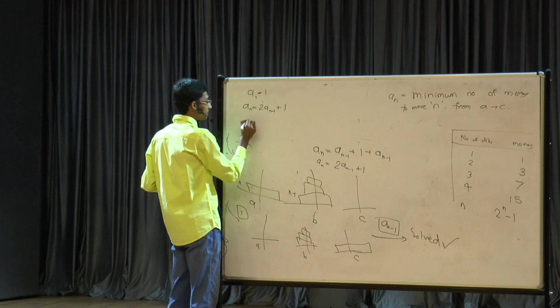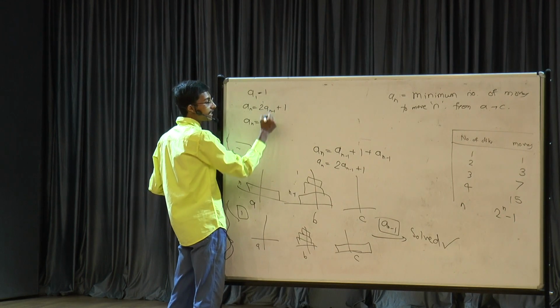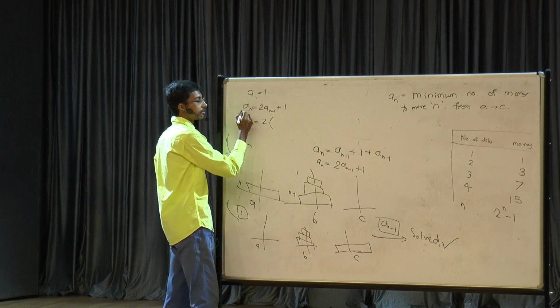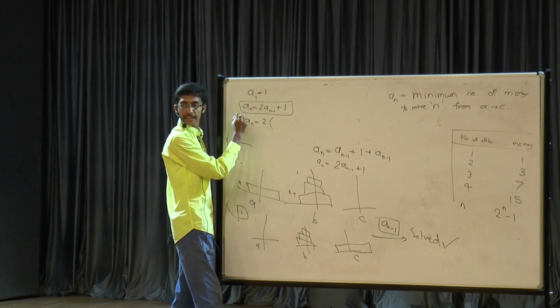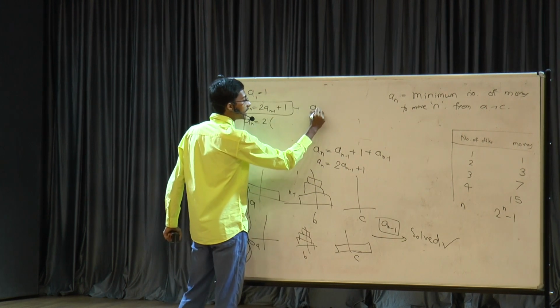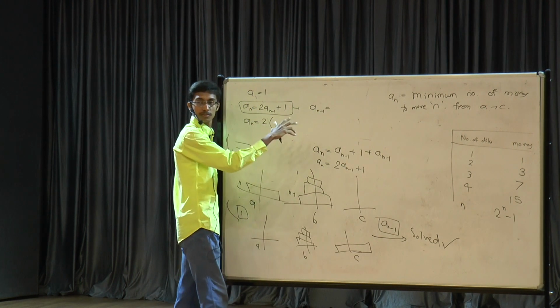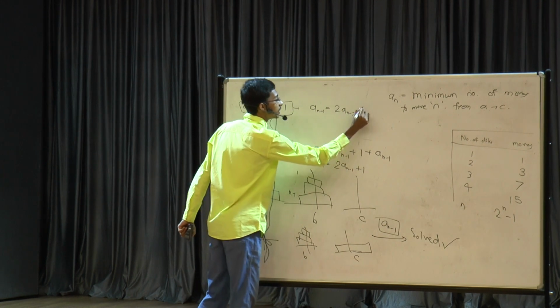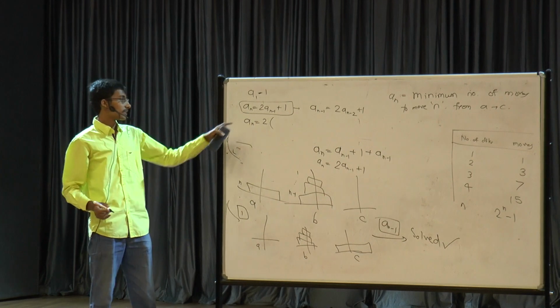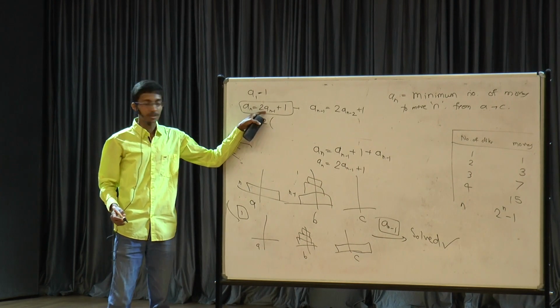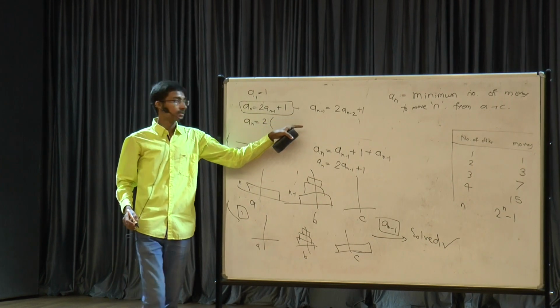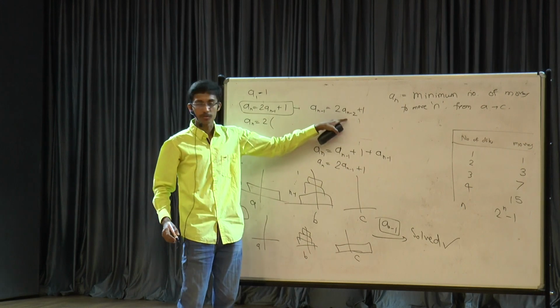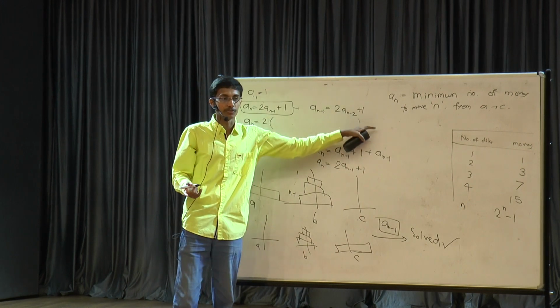So let's try that. What is a_{n-1}? Do you see that if this is the formula for a_n, the formula for a_{n-1} is going to be 2a_{n-2} plus 1? Because every term is 2 times the previous term plus 1. So the (n-1)th term is 2 times the (n-2)th term plus 1.